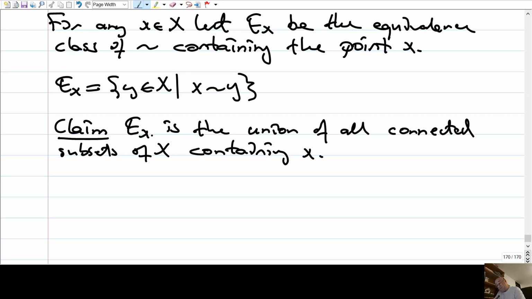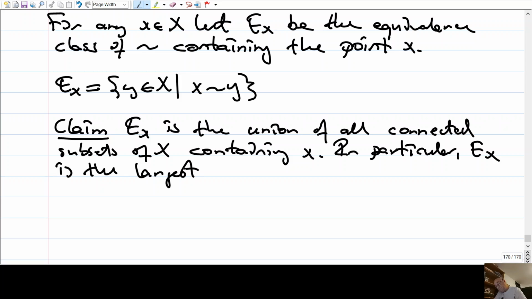In particular, E_x is the largest connected subset containing x.